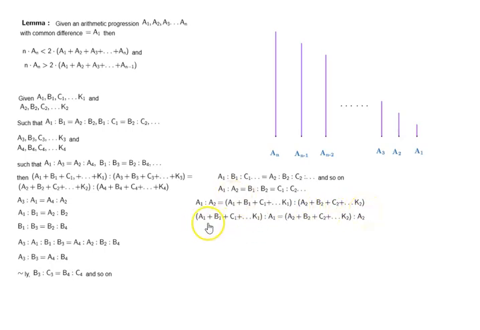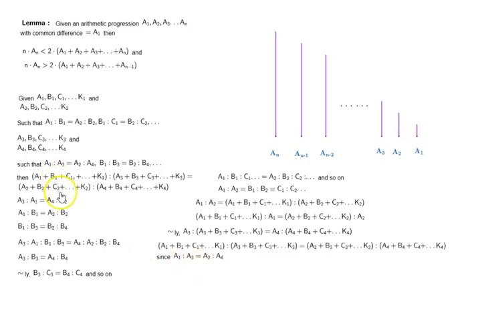Now, a1 plus b1 plus c1 plus ... k1 is to a1 is equal to a2 plus b2 plus c2 plus ... k2 is to a2. Similarly, we end up with a3 is to a3 plus b3 plus c3 plus ... k3 is equal to a4 is to a4 plus b4 plus c4 plus ... k4.